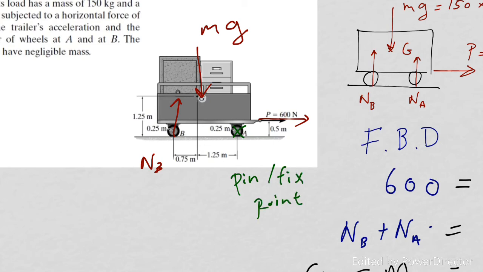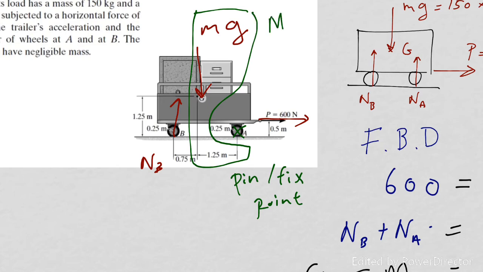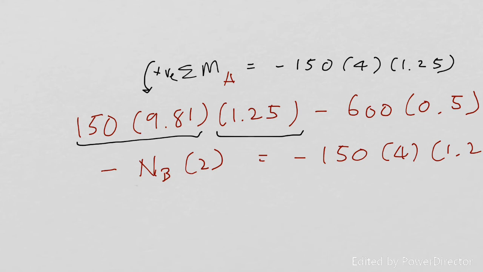So mg towards A, and the distance will be 1.25. So now you know why just now it is 150 times 9.81 times 1.25, because that will be our moment, and I denote that as M1.